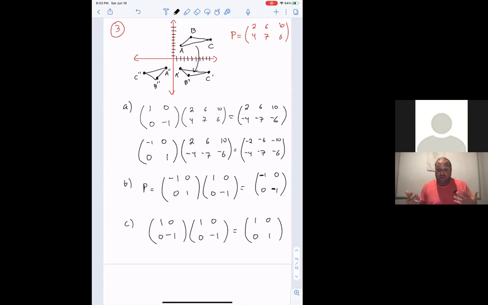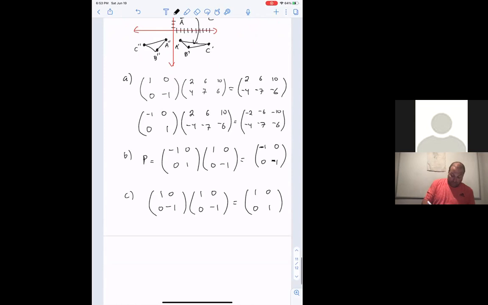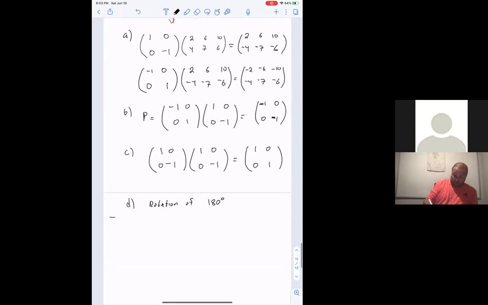You get the identity matrix, because it's the same thing that you started with, which makes perfect sense. And then D, what transformation is equivalent to reflection in the x-axis followed by reflection in the y-axis? This is, as we just said, a rotation of 180 degrees.